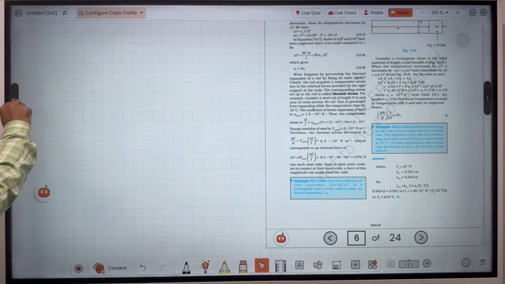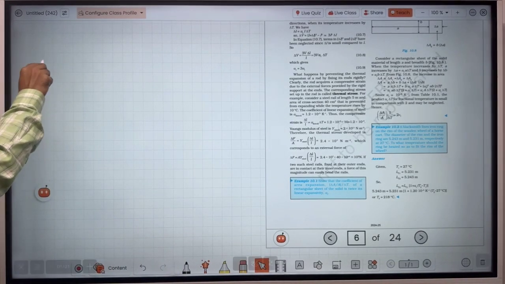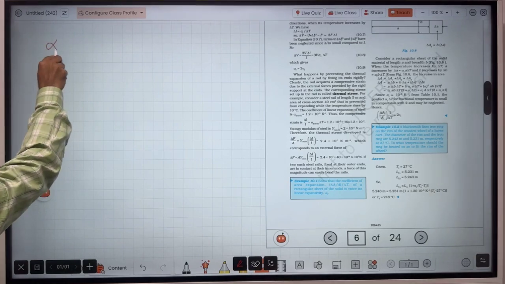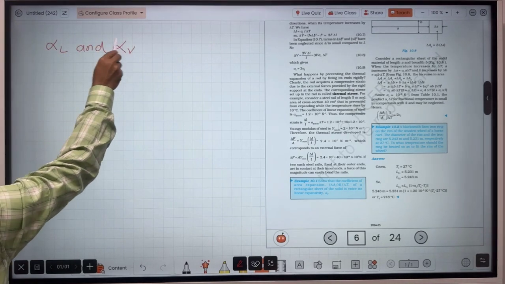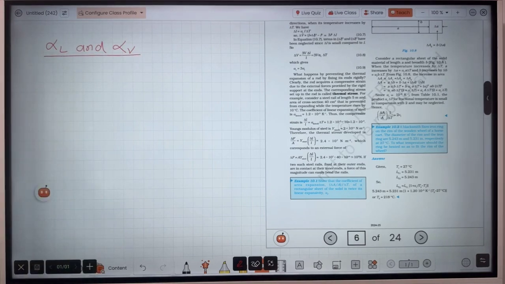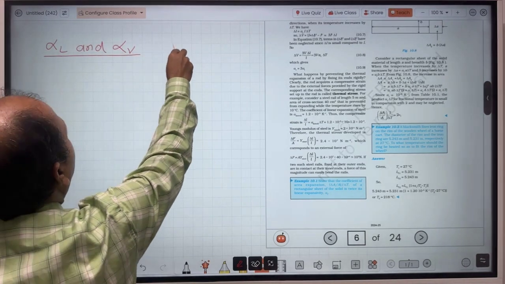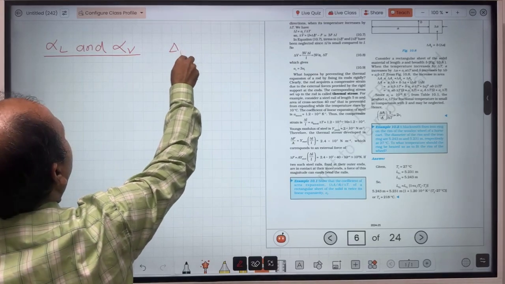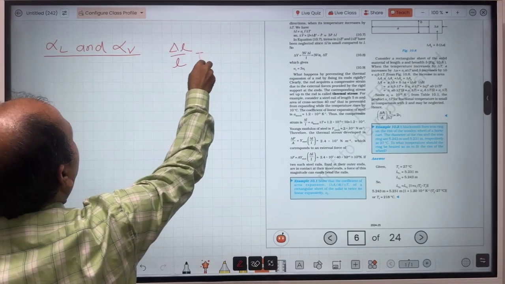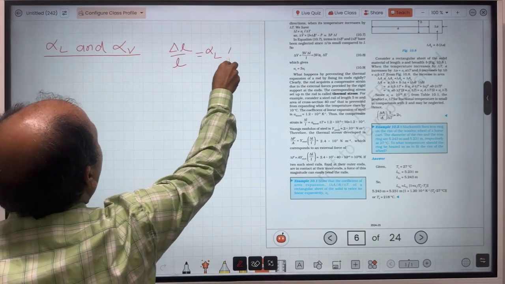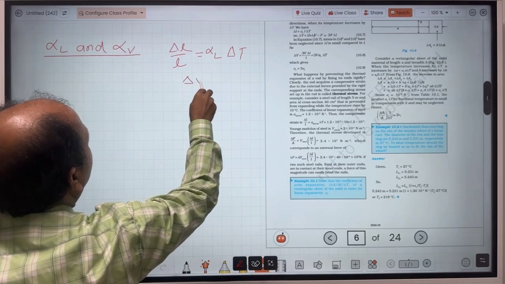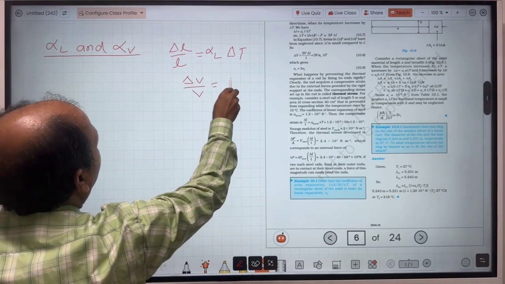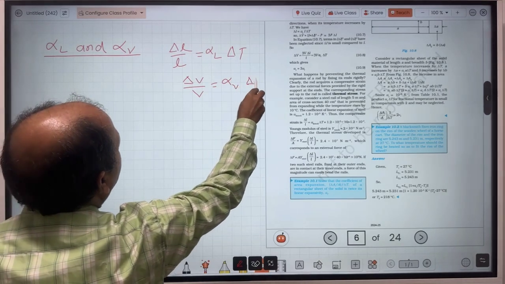So let's see the relation between alpha L and alpha V, right? For this purpose we will keep in mind that delta L upon L is alpha L delta T, and delta V upon V equal to alpha V delta T, right?